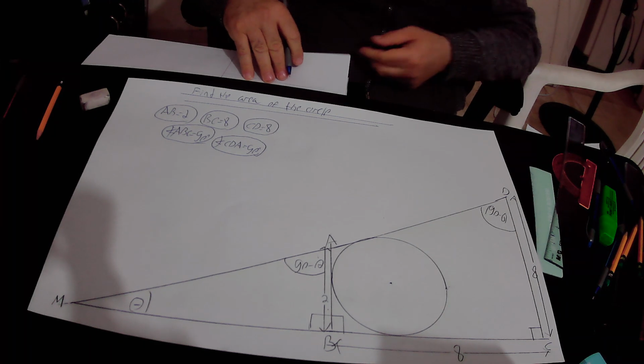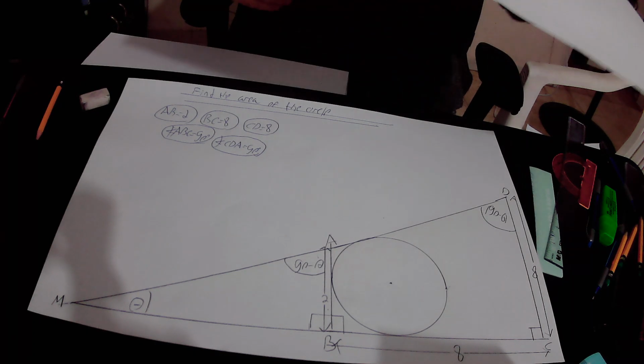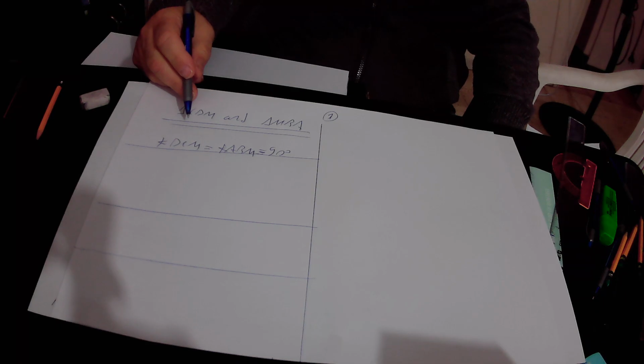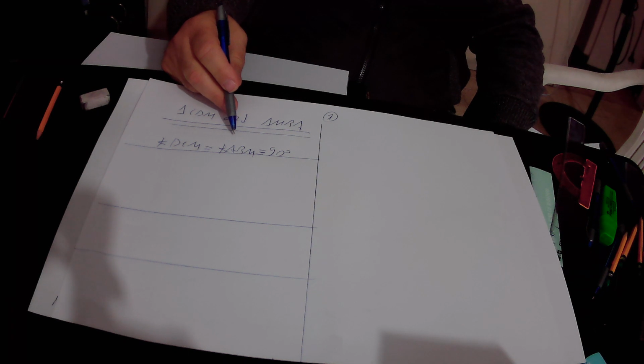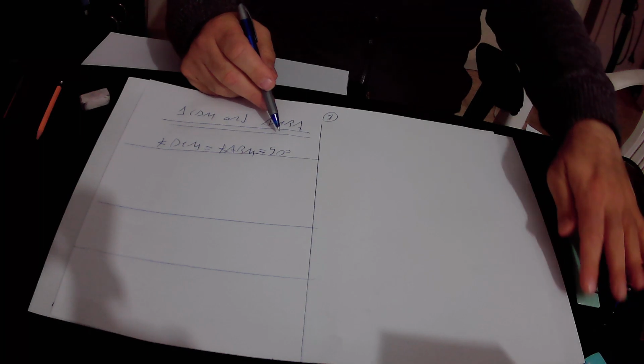Repeat again. Angle DCM in the right big triangle DCM equals angle ABM in the right small triangle, triangle MBA. They are both equal to 90 degrees, therefore they are equal to each other.